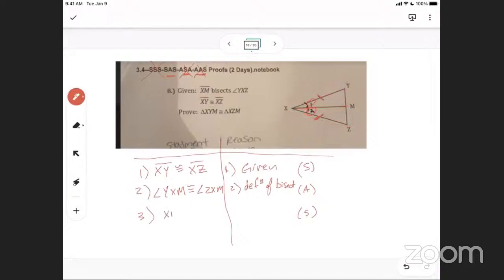XM is congruent to XM. Perfect. And notice how I'm writing with the line over the top. That just says line segment. Good. And what's the reason for that? What's the reason that XM is equal to XM? What's that property called?